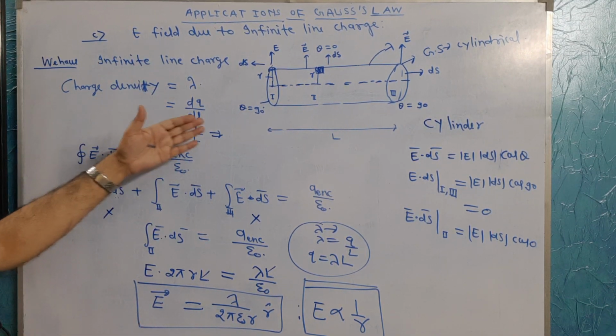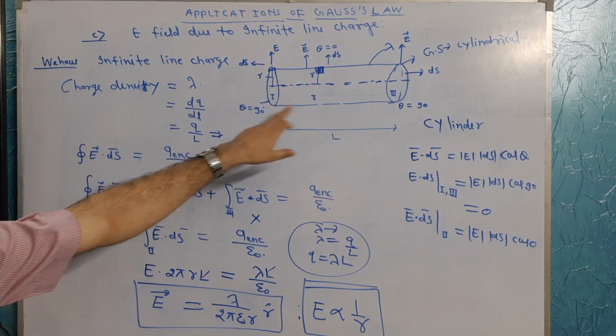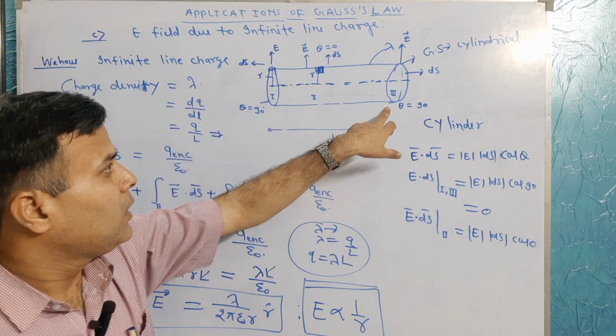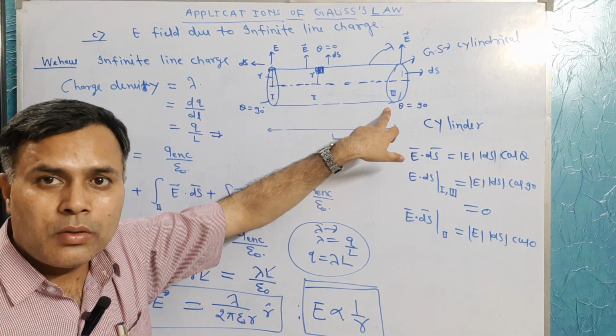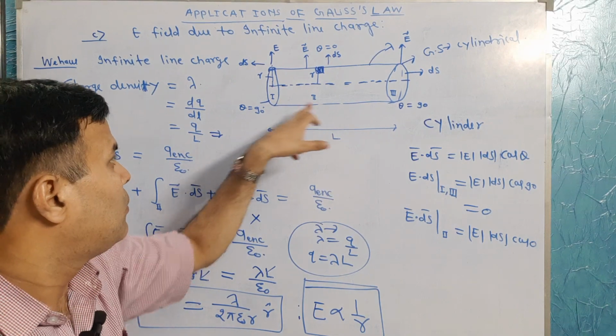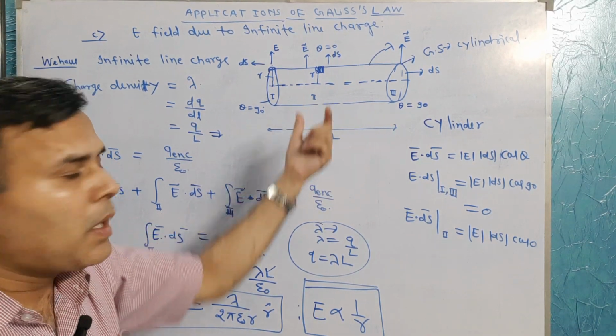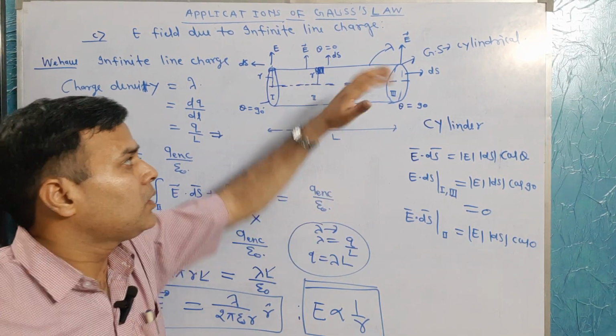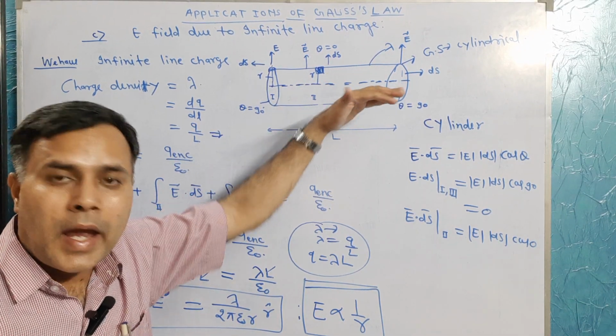So in cylinder we have three different surfaces. For surface 1 and 3, we have E dot ds is 0. Flux through surfaces 1 and 3 is 0. So we have only flux corresponding to surface 2 because of the angle.